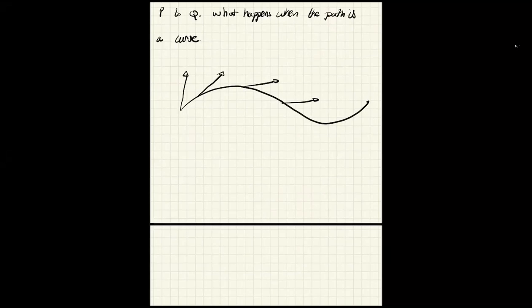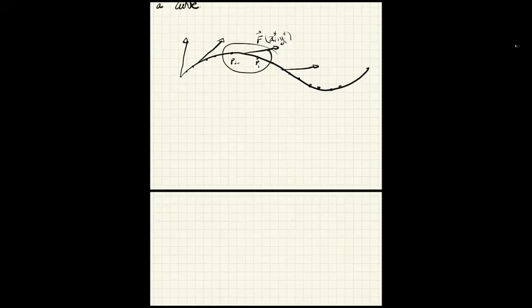Okay, so the idea here is to divide the curve into very small curves, and we have points. So we'll now take this and zoom.